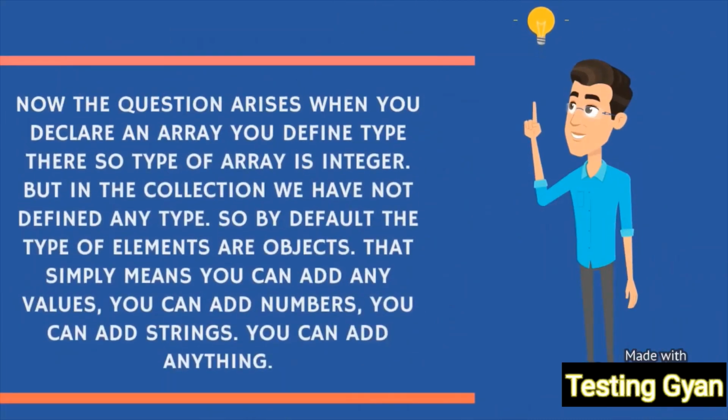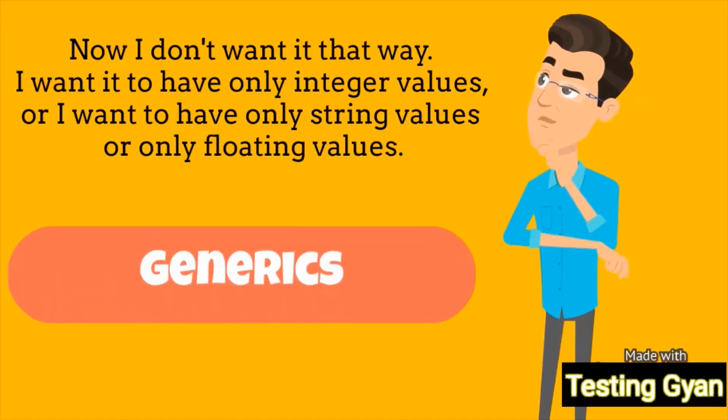Now question arises, when you declare an array, you define the type. There is a type of an array which we defined, that is integer, right? But in collection we have not defined any type. So by default type of elements are Object. That simply means you can add any values, you can add any numbers, you can add any strings, you can add anything. Now the requirement changes, and I don't want it to be that way.